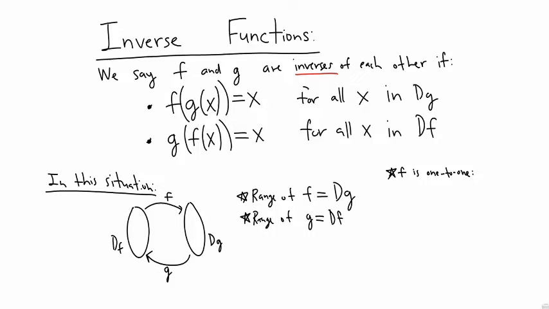Let's see why f must be 1-to-1. Suppose two inputs, possibly equal, have the same output. We want to actually prove that they are equal, in fact. They go to the same y. What about g of y?